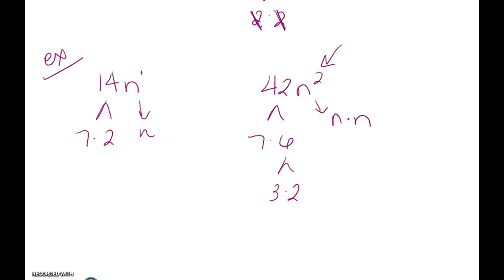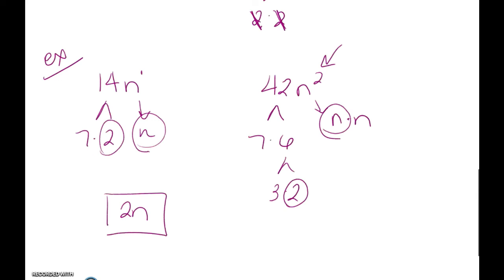So just like with our numbers, we're looking for what we have in both. For our GCF, they both have a 2. For our letters, we're looking for what they both have in common. He has an n and he has an n. And so my greatest common factor here is 2n.